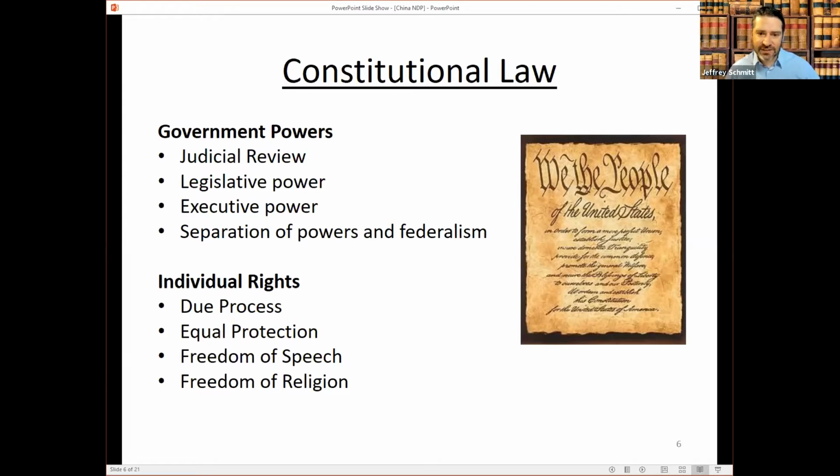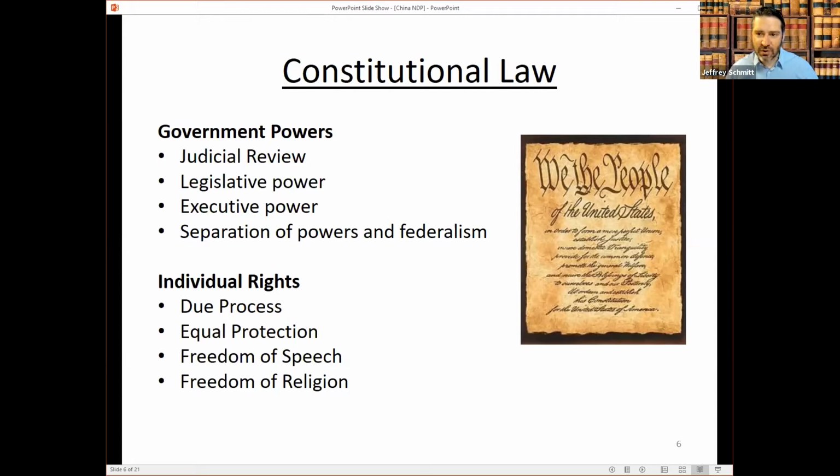The states, because of our federal system, the states are quasi-independent, quasi-sovereign. There are certain things that the states can do and the federal government cannot override them. So we'll spend a lot of time talking about that, as well as the checks and balances between the different branches. What happens if the president and Congress are fighting about a particular issue? So that's the first half of the course.